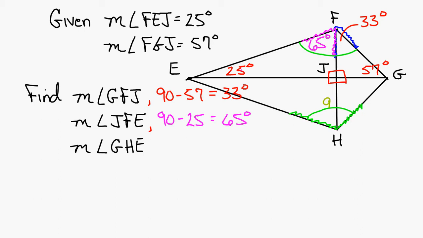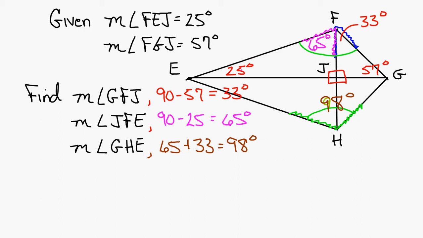So this entire angle down here is 98 degrees. So GHE would be equal to 65 plus 33, 98 degrees. Everybody all right with that? Any questions?